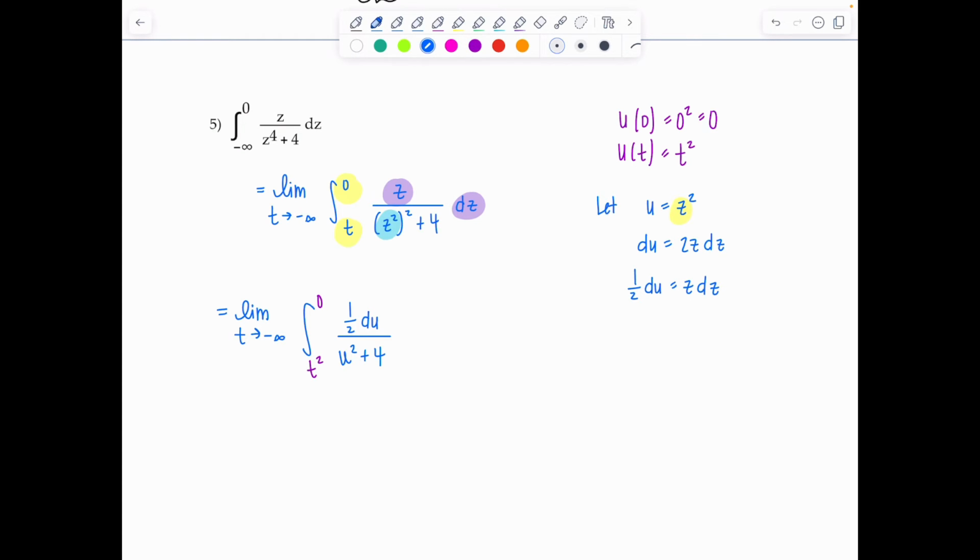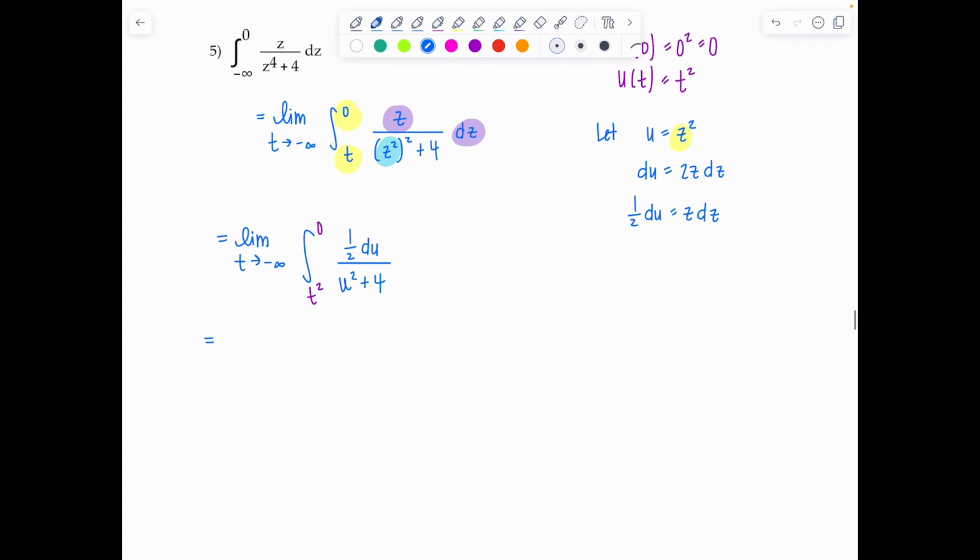Okay, good. So now let's see if we recognize what to do. This is limit t goes to negative infinity. Take that 1/2 out, please. T squared to 0 du over u squared plus 4. We've encountered this integral earlier, just with a little different numbers. Do you remember? It's our good friend tan inverse. Yes, please don't trig sub.